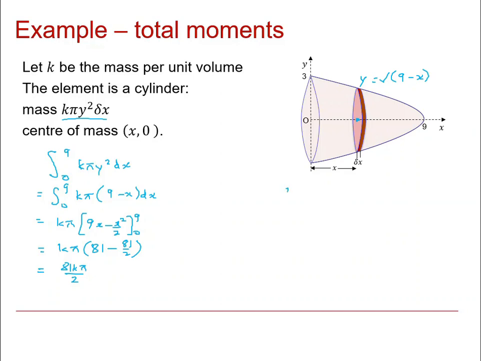So that will be k pi y squared x times delta x. And before I write the delta x, I'll say that we're going to add all those up and let delta x tend to 0 so that it becomes an integral between 0 and 9 of k pi y squared x dx. So that's what we're going to calculate next.